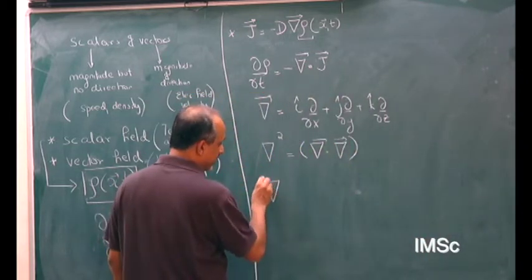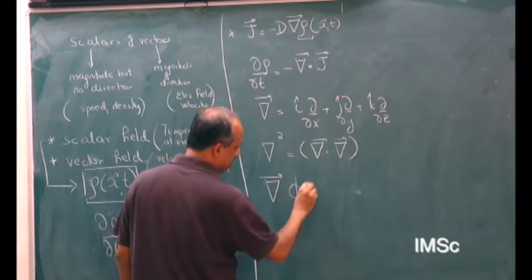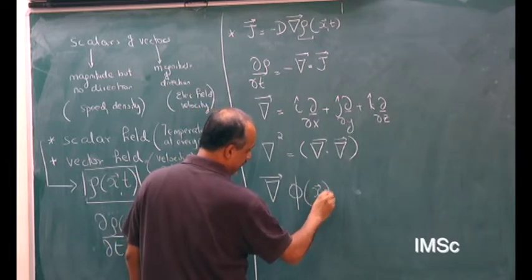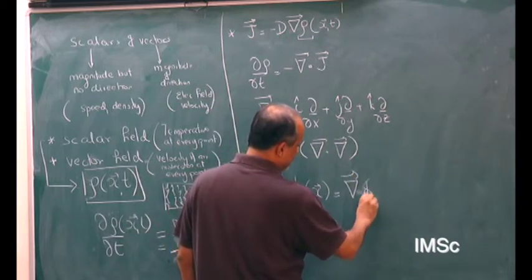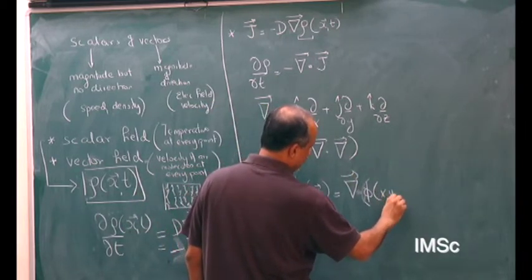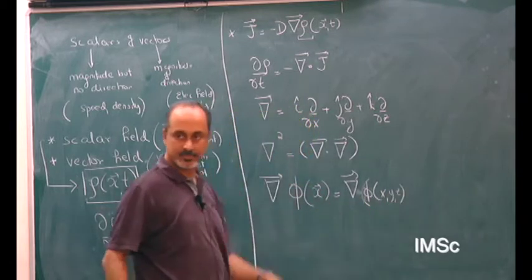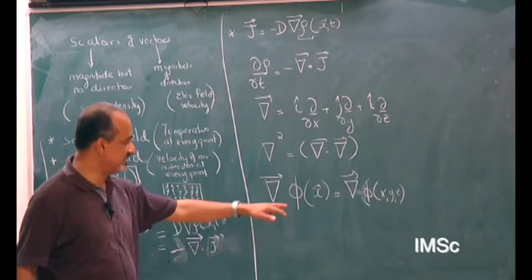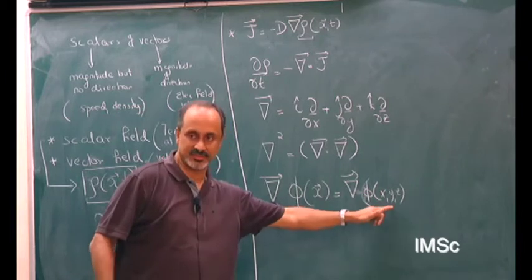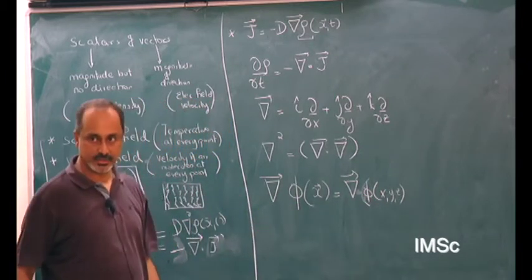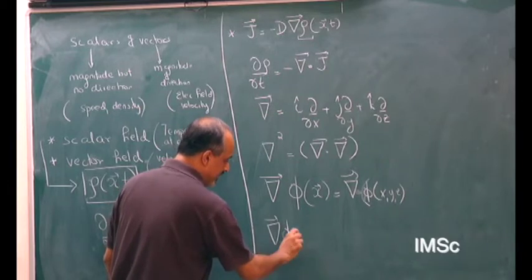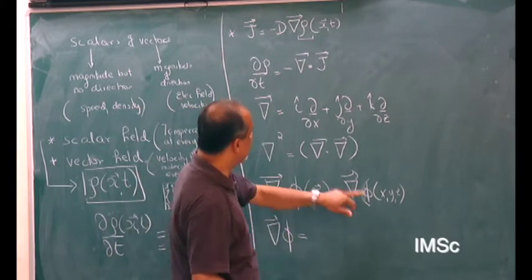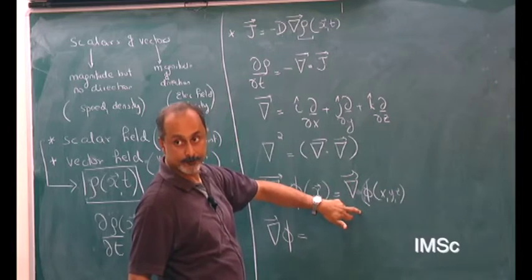Suppose I operate the gradient operator on some function phi of x, which is the same as operating the gradient operator on some function phi, which is a function of x, y, and z. Remember, don't confuse this notation with this notation. I'm just using this as a shorthand. Then the gradient of phi is a vector which takes this operator and operates it on phi.